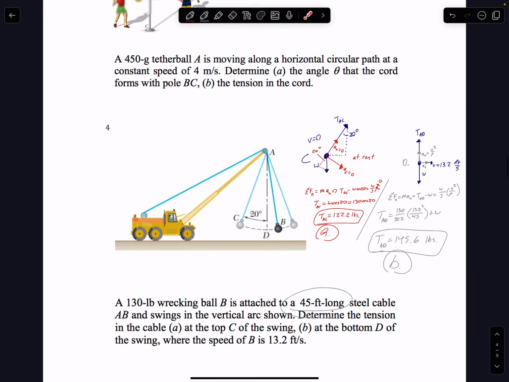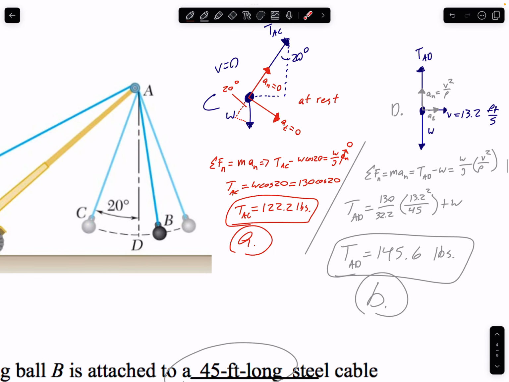And then for the next part, we have our normal acceleration there, tangential acceleration there, velocity going in that direction at 13.2 feet per second. And then at this point at the bottom, weight's completely going down, tension is completely going up.